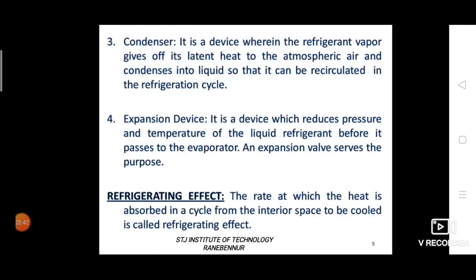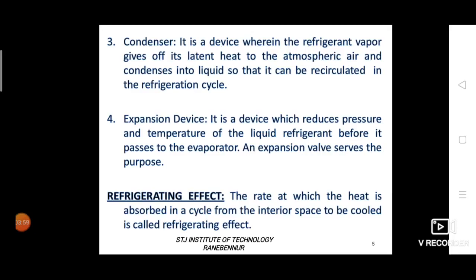Next one, the condenser. The main purpose of the condenser is to absorb the heat from the vapors of the refrigerant and reject that heat to the surrounding.